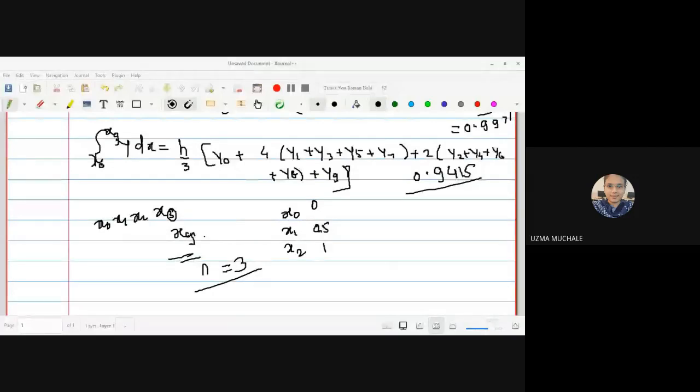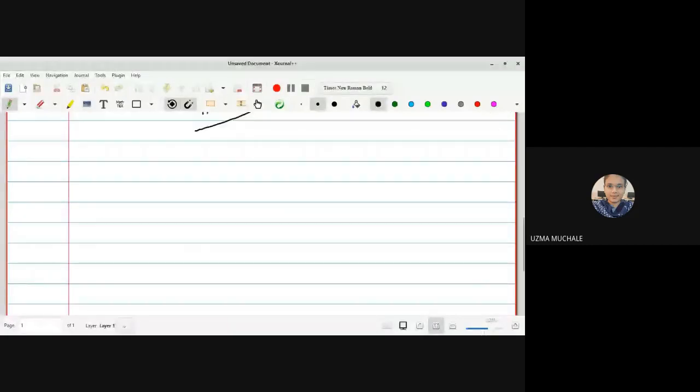Now let us go to the next point, that is how to solve any differential equation by using numerical methods. That means numerical solutions of ordinary differential equations.